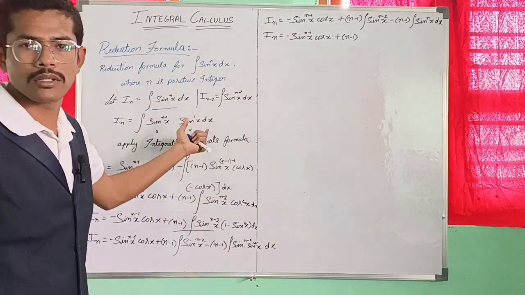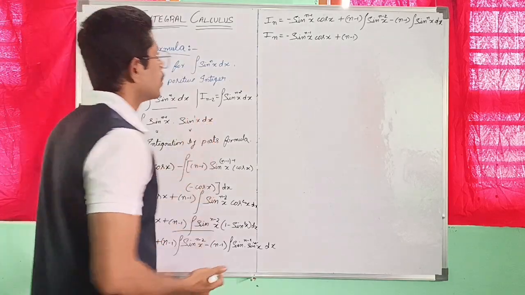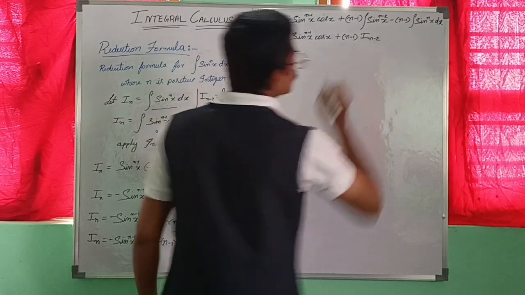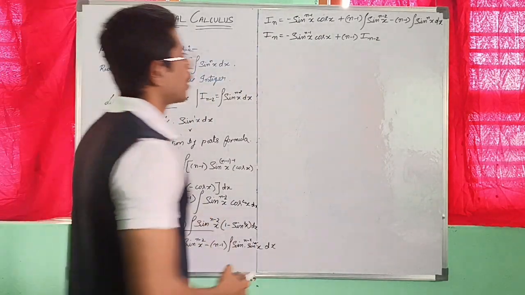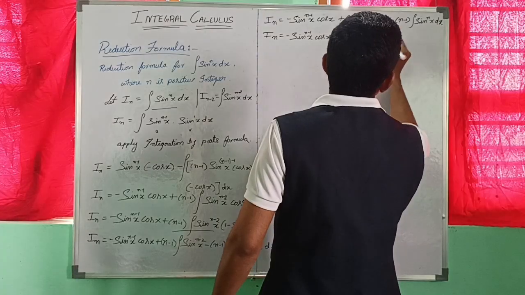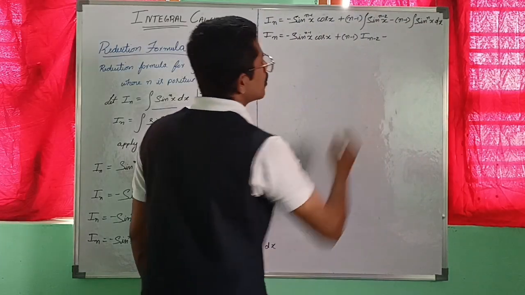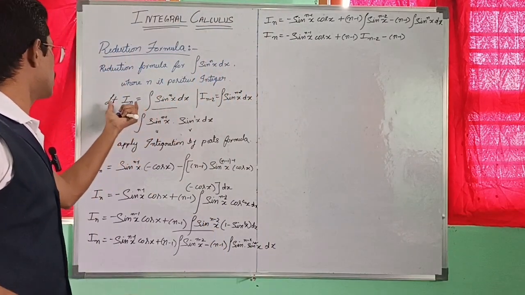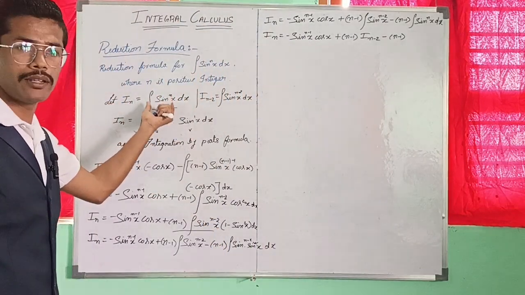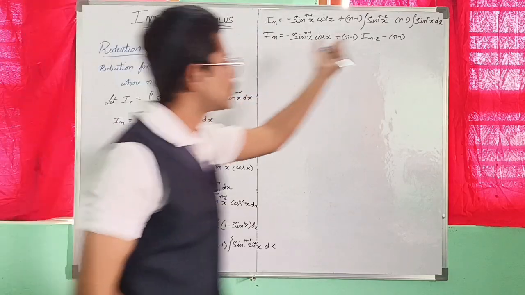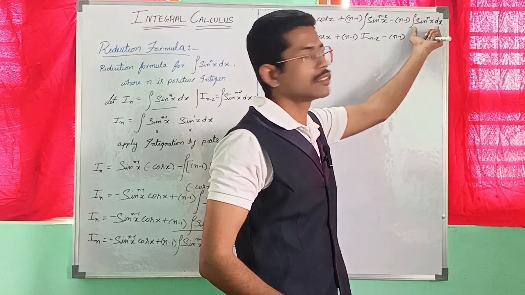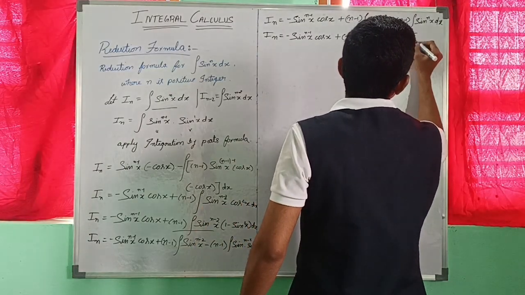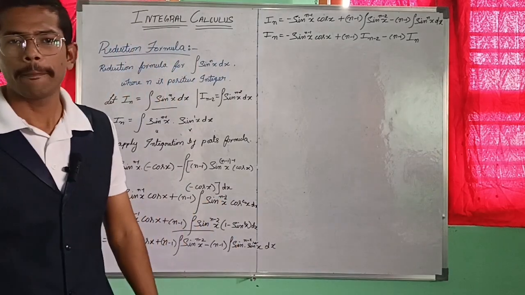Let us write this term as I n minus 2. Then, here we have minus n minus 1 as it is, and the same integration sine power n x dx, which we can write as In.